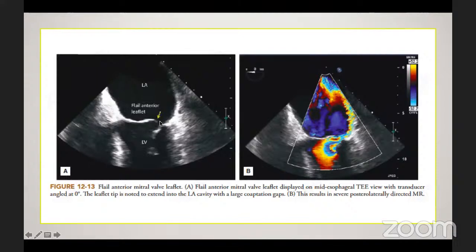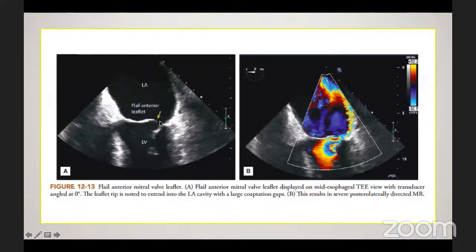So summarizing what we said, the assessment includes a visual assessment, which is completely qualitative, and what's called semi-quantitative measures, in terms of the vena contracta and the jet area or the jet extent. For the jet extent, we're assessing how far the jet is traveling in the left atrium. If it's reaching up to the upper pulmonary vein, it's indicating a severe regurgitation.